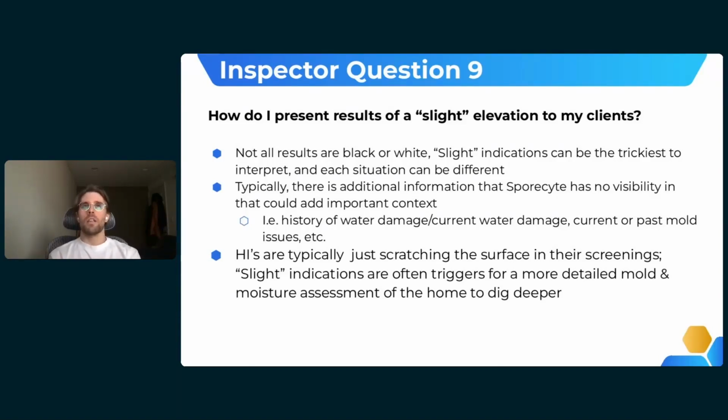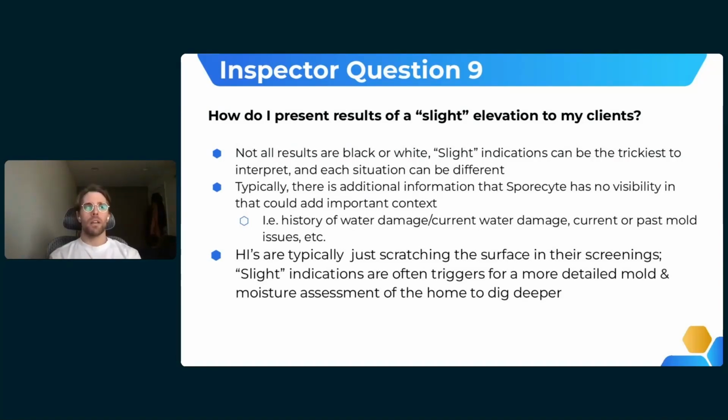But more often than not, this is a reason to dig deeper or to look closer, to have a more specialized inspection if there's a concern with the mold, a more detailed moisture and mold inspection that may be able to uncover potential hidden things that you weren't able to find in your inspection, or it may provide the opposite. It may say those slight results were an anomaly, which can happen.